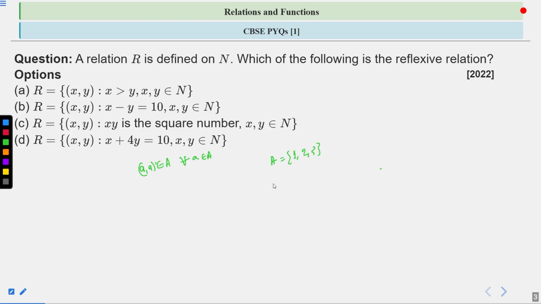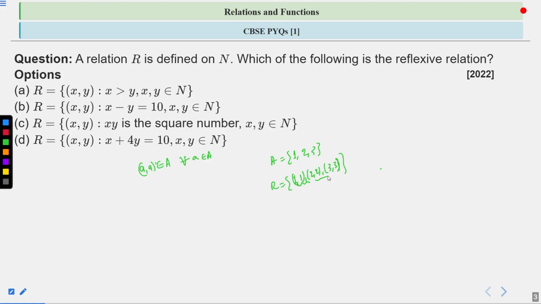For reflexivity, the relation R should have all the ordered pairs (1, 1), (2, 2), (3, 3). These three ordered pairs must be contained in the relation R. Then we can say that it is reflexive.